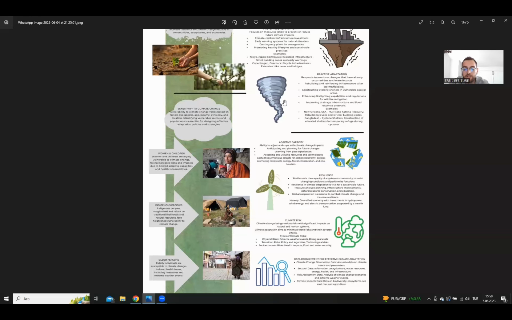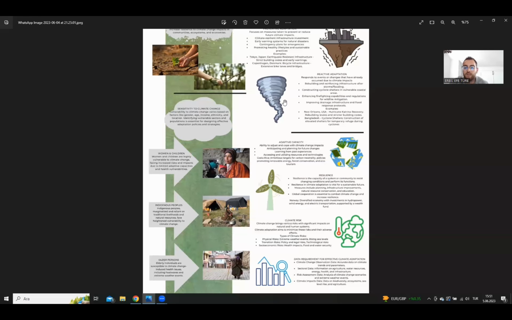economy. Risk assessment data refers to the information and analysis used to assess and measure the potential risks and hazards associated with various activities, processes, or systems. Climate impact data is information and evidence documenting the effects of climate change on various aspects of Earth systems, ecosystems, and human communities.